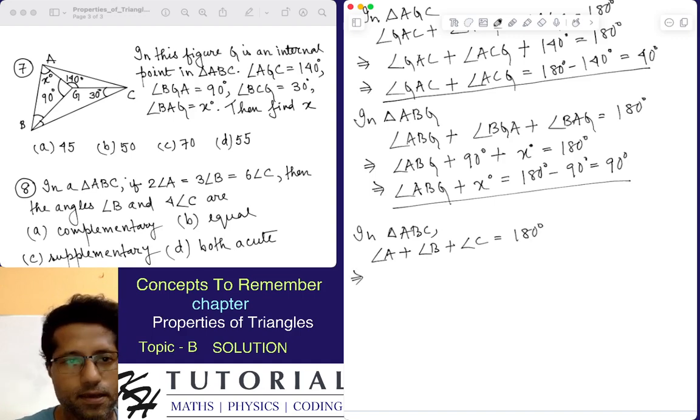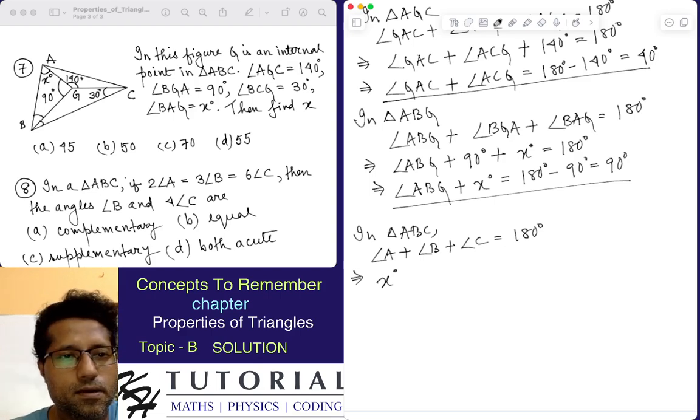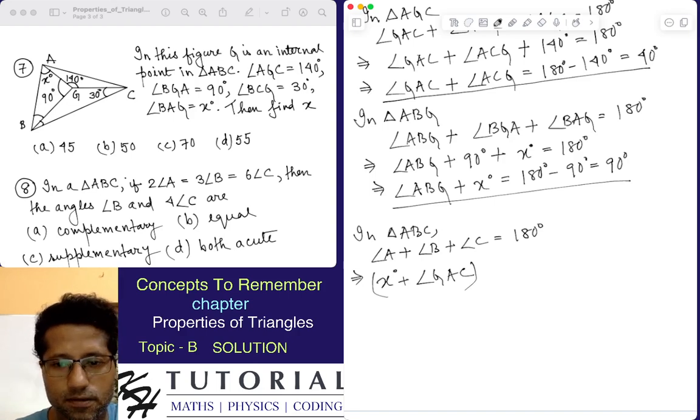What is angle A? Angle A we can say as x degree plus angle GAC. Note that angle A is the sum of angles BAG, which is x degree, plus the angle GAC.